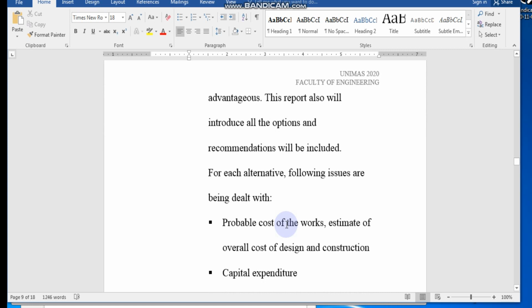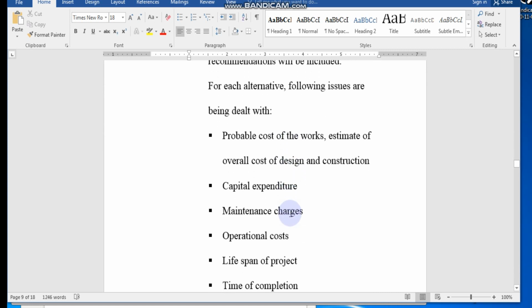So in this case, it's dealing with the cost, the capital expenditure, the maintenance cost. You do a lot of studies here, such as life cycle costing, to make sure that the whole project life cycle itself will actually be paid off.